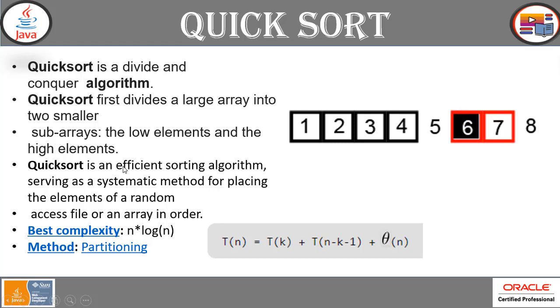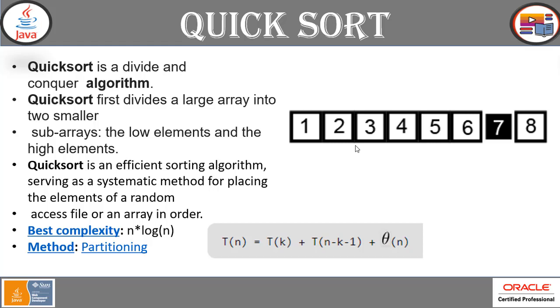It is an efficient sorting algorithm serving as a systematic method for placing the elements of a random access file or an array in order. So, it depends on what type of application you need to work on for the data structure. In such cases, you need to decide what type of sorting algorithm you want to apply.